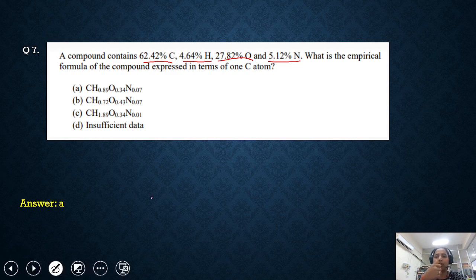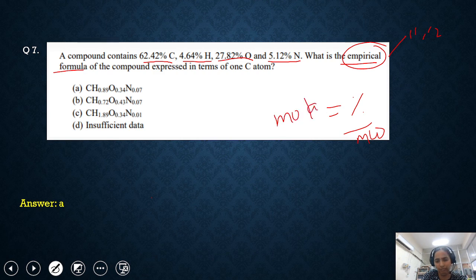Normally, how do we find the empirical formula? We have also done this in class 11 and 12. You must know that the given percent divided by the atomic weight will give you the number of moles.